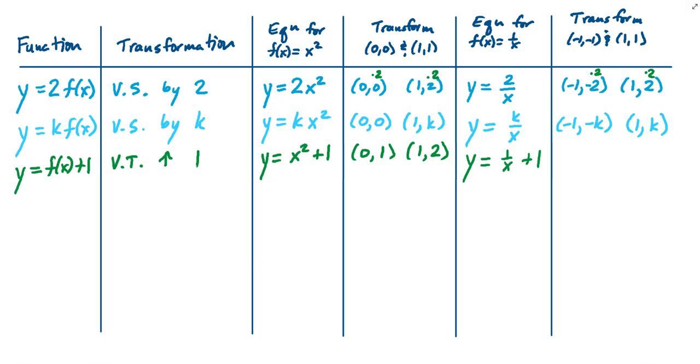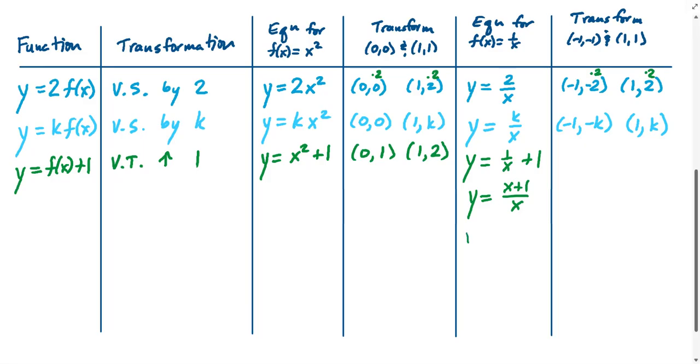Now, notice that we could see this in a different form. We could, for example, see y equals x plus 1 over x. That is the same thing, just in a different form. So sometimes it can get a little bit tricky when we're given an equation to figure out what this is in terms of a transformation applied to f of x.